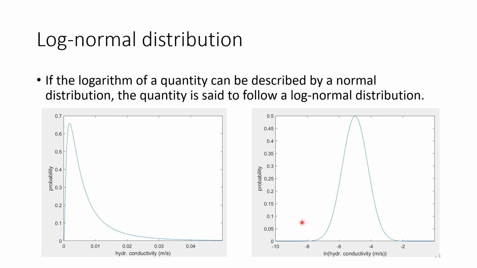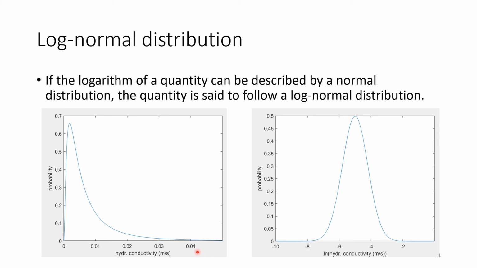So again, the hydraulic conductivity here is our application, because it is varying across such a huge range, right? So again, you would see the large numbers are dominating our scale, right?